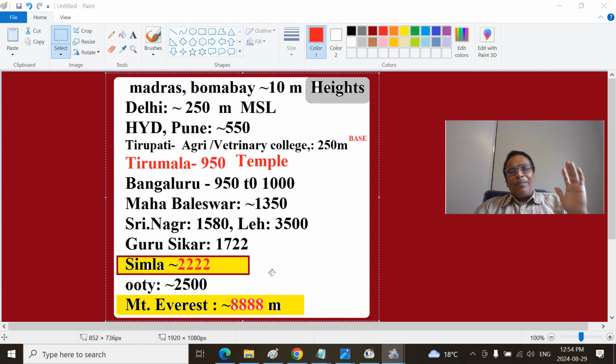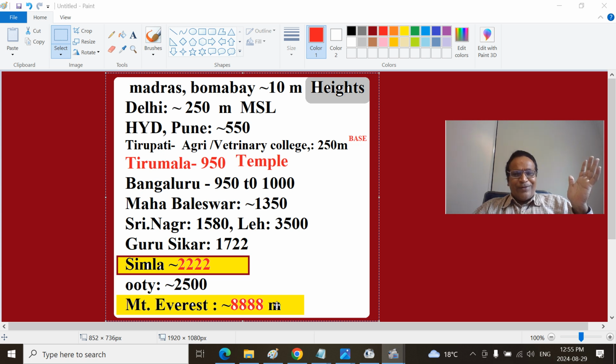Remember Simla, 22 meters above MSL, mean sea level. Is it exactly 22? Not. Maybe 10, 15, 20 meters. I made it simple for you again. Make it 4 times. The highest point on the planet Earth, Bhumata, is Mount Everest, 88 meters. Again, it's not exact. Maybe 88 to 50 meters, something like that.